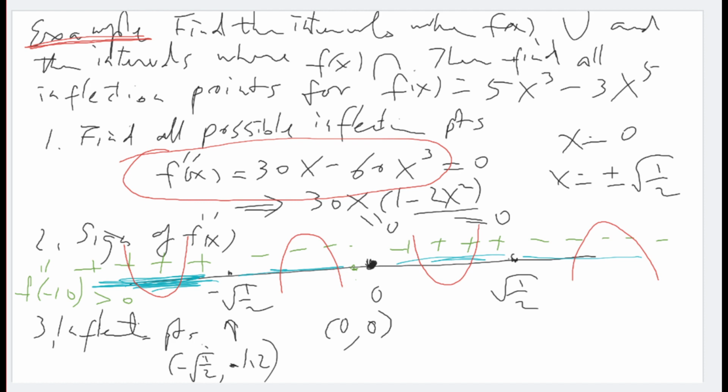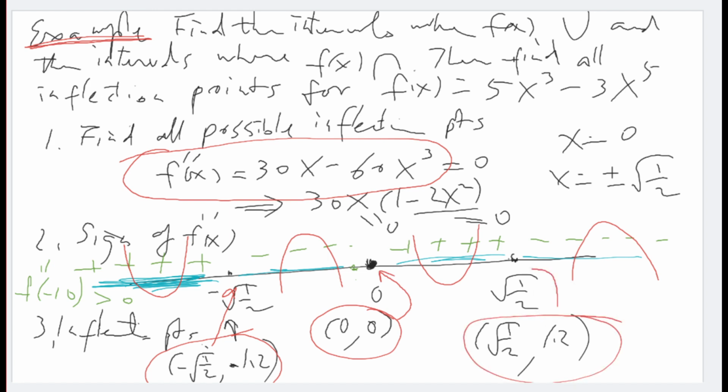Finally, we expect a third inflection point at square root 1/2, with the y coordinate found by plugging this x into f. So there are 3 inflection points, one at each of these locations.